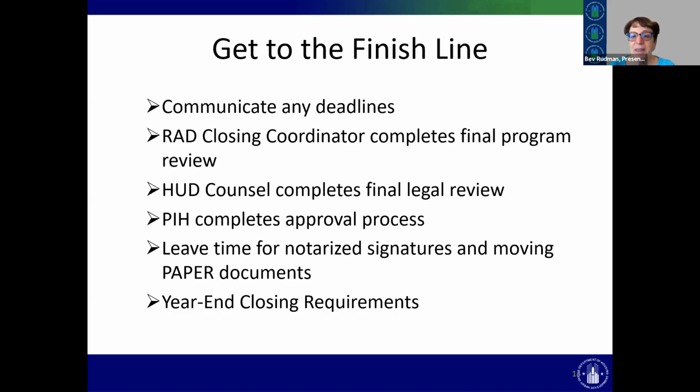We know that from experience, and we have created a way that we prioritize, if needed, what we will work on. We've sent it out generally in March or April. I believe we sent out our memo either the last week of March or maybe the first week of April this year. So we try to be very transparent. So take a look at those if you think that you're going to need to close in year end.